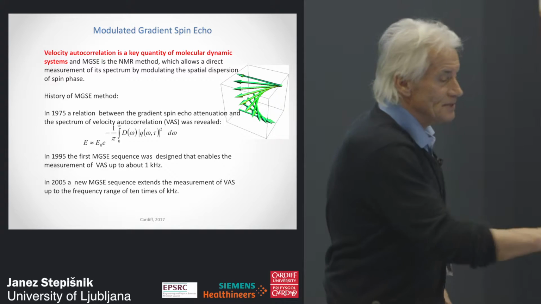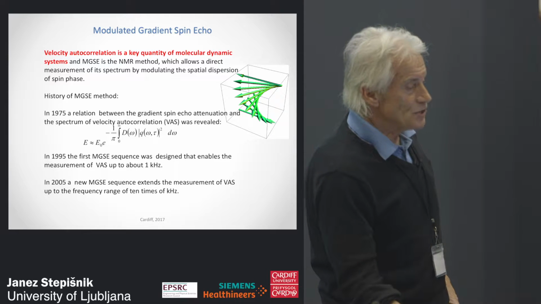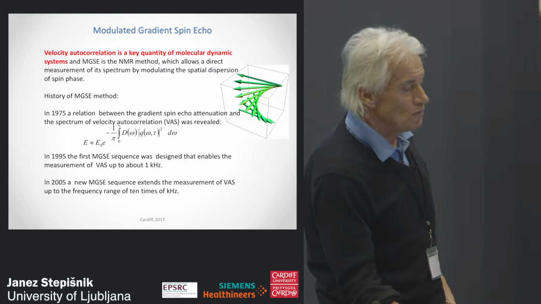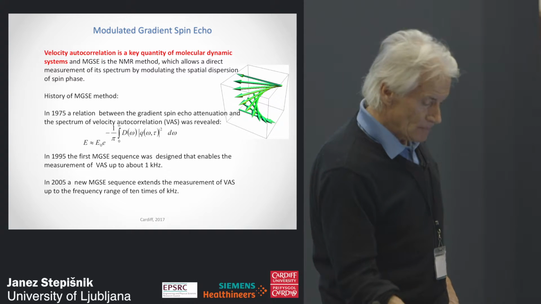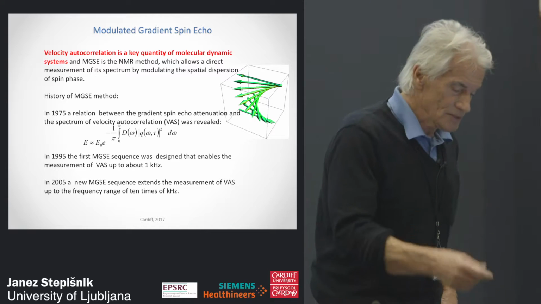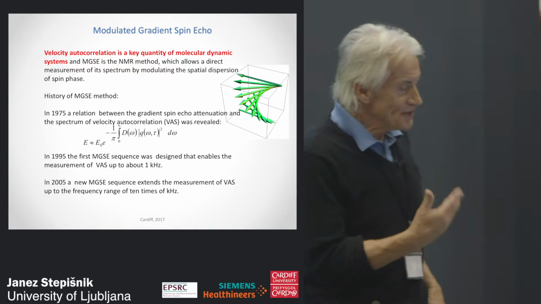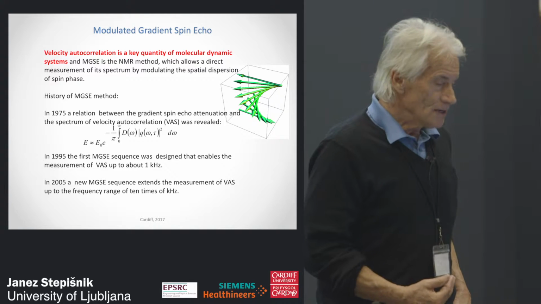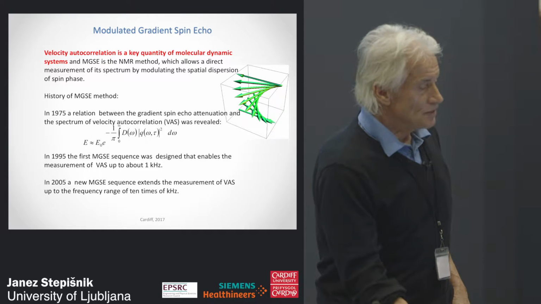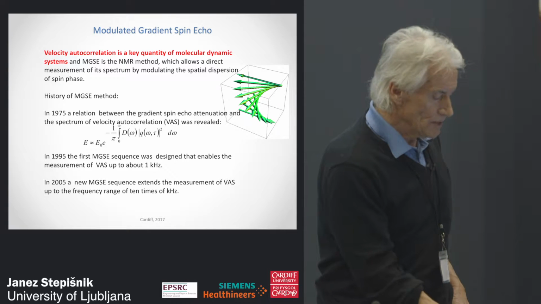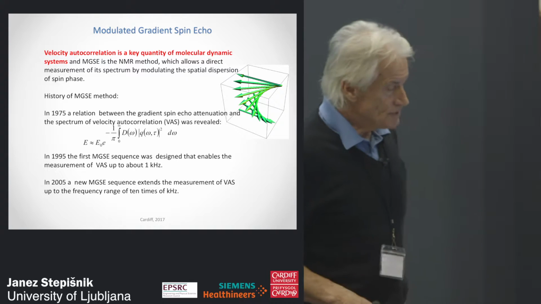This formula appears, where the attenuation of the spin echo is related to the spectrum of the velocity autocorrelation function. Later, actually, it was just an idea. The story developed, but almost 20 years later, the first experiment confirmed this idea, that we can explain the attenuation as related to the spectrum of the velocity correlation function. And nowadays, this method is still developing.